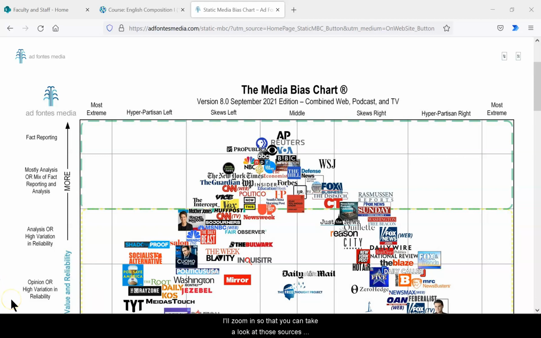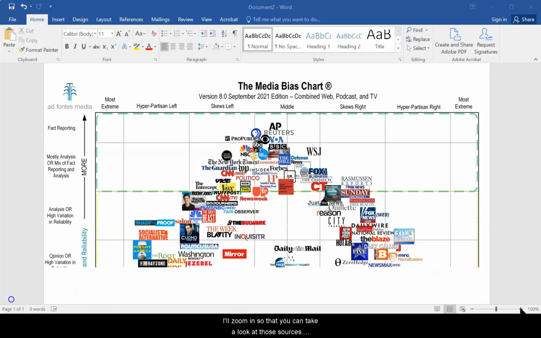I'll zoom in so that you can take a look at those sources. Now we'll zoom in to get a good look at the sources in the center here.